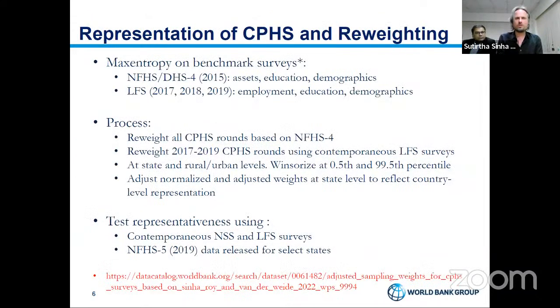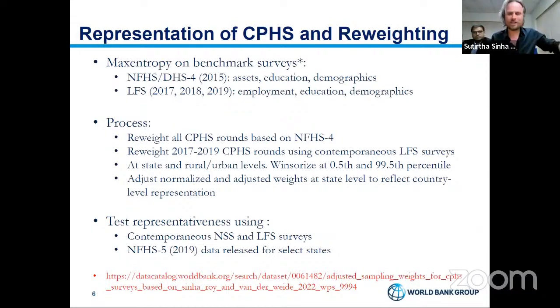We address this issue by identifying a number of nationally representative surveys that are contemporaneous to the CPHS survey. We also identify a set of benchmark variables for which statistics can be computed both in the CPHS as well as these nationally representative surveys. Think of the labor force survey and the NFHS surveys.